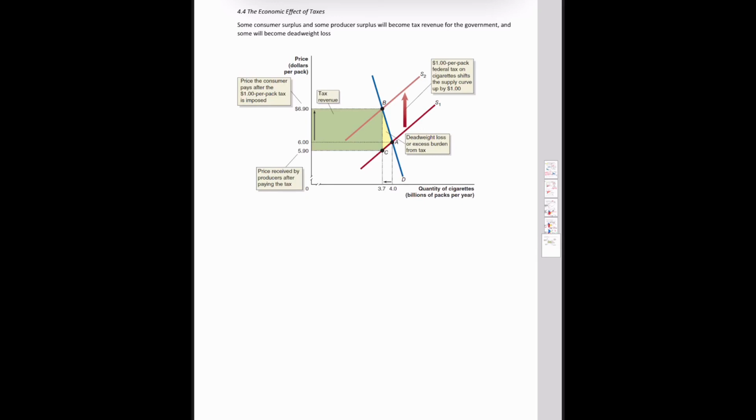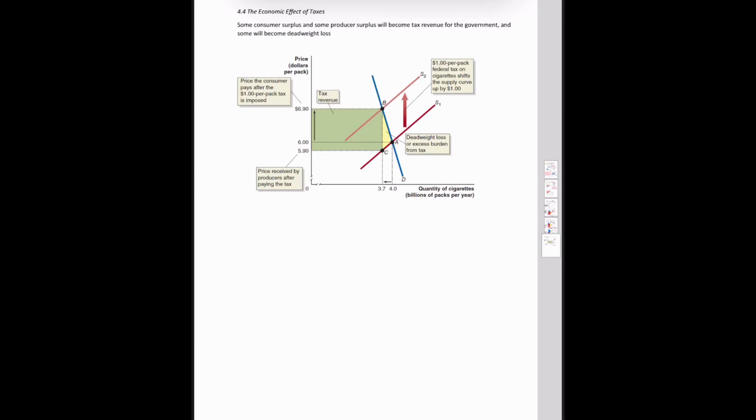For example, the gas tax, as of 2019, it was 18.4 cents per gallon. So without a tax, equilibrium is going to occur, in this case, for cigarettes at point A. Equilibrium is $6. Quantity is 4 billion packs.